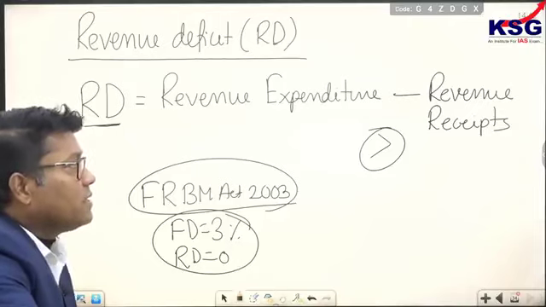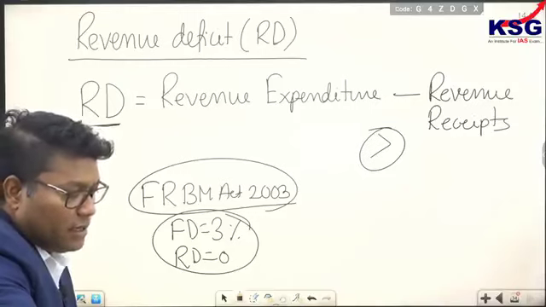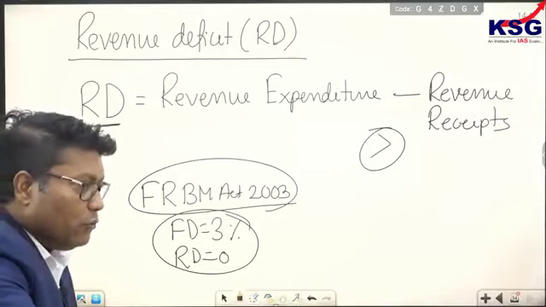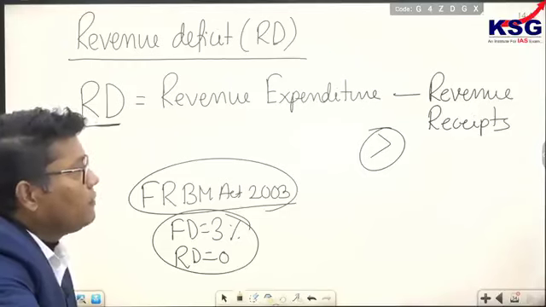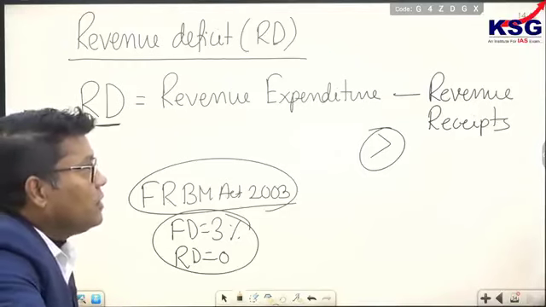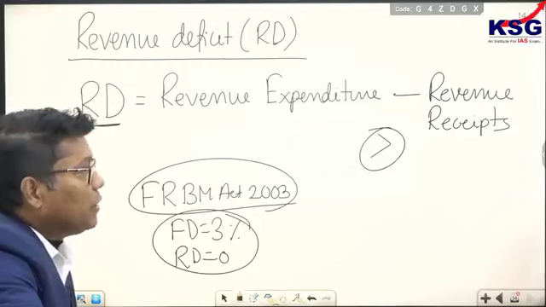A higher revenue deficit for the long term is not good for the economy.